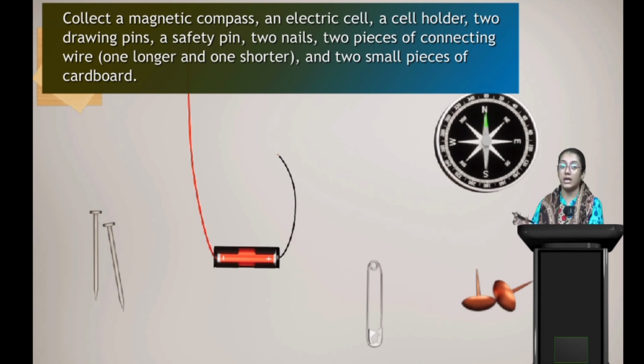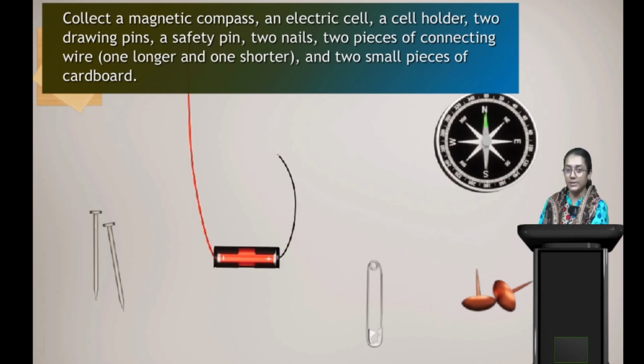These are the things we have to collect for our activity today. So, one magnetic compass, an electric cell also known as a battery, then a cell holder where we are going to put the battery.